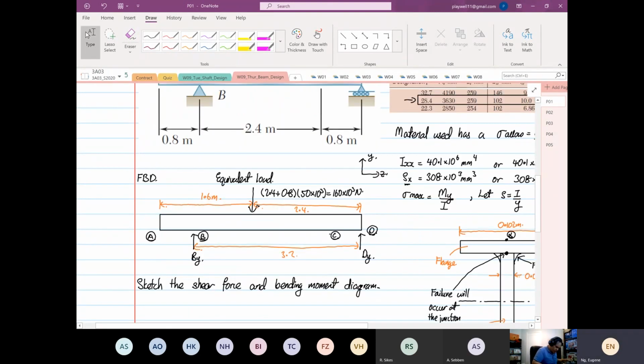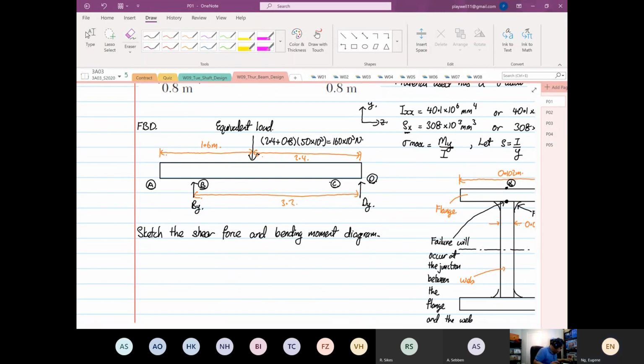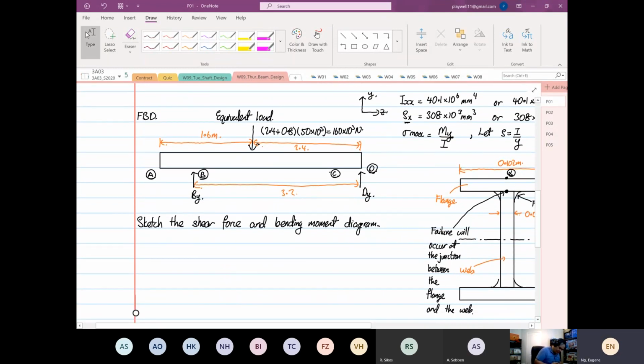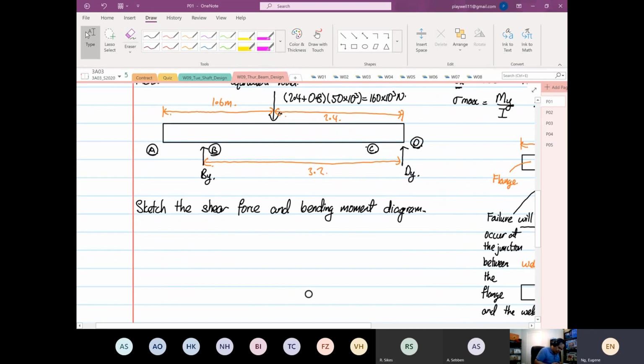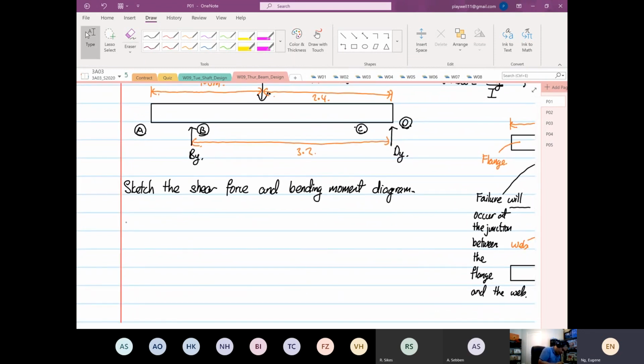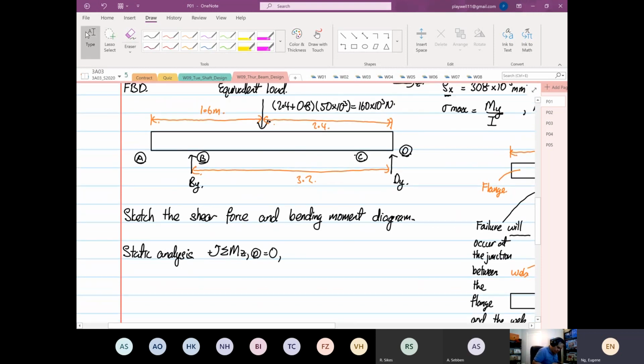Now we're going to carry out a static analysis first to get to our shear force diagram. We are going to do summation of moments about Z, taking moment at point D, and the whole thing will be equal to 0.